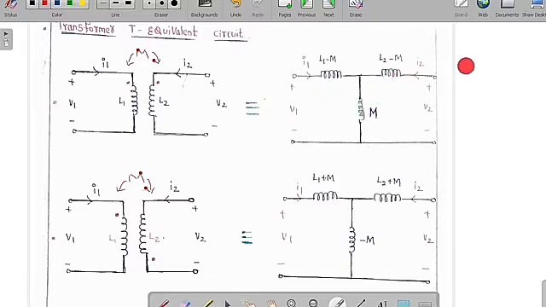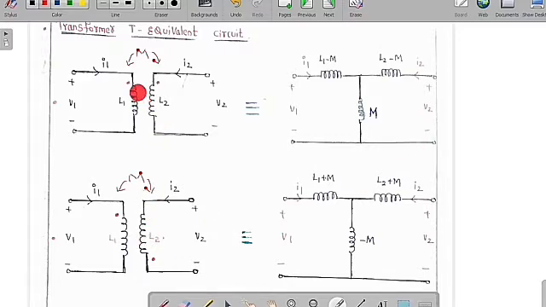Same, plus or minus V1, plus or minus V2, current I1, current I2. If you write the KVL for this loop and KVL for this loop, this is the equivalent diagram, which is L1 minus M, here M, L2 minus M, V1, V2 plus or minus, I1 entering and also leaving, I2 entering and also leaving.